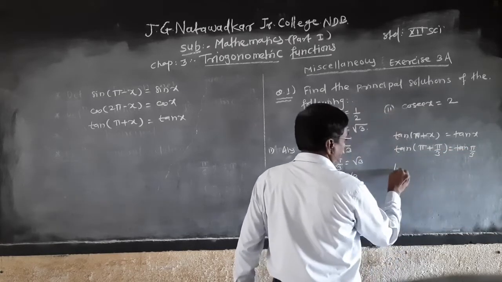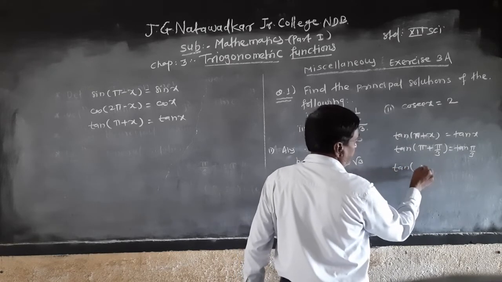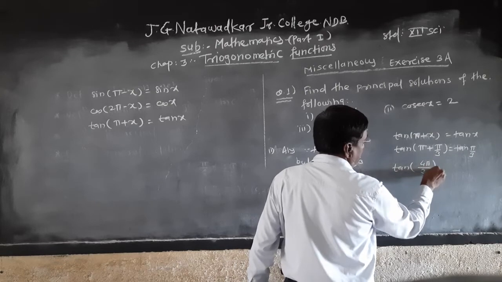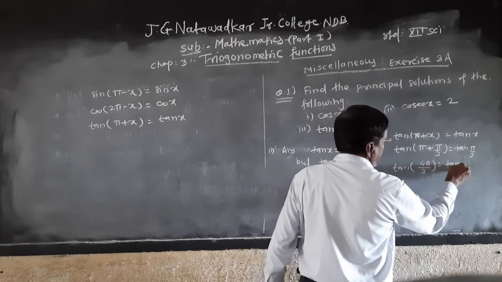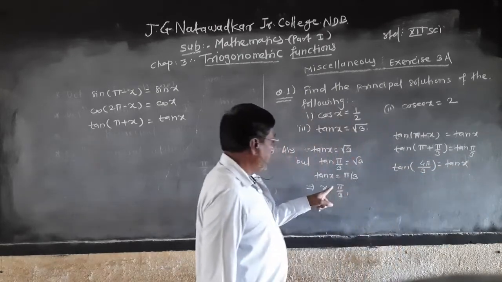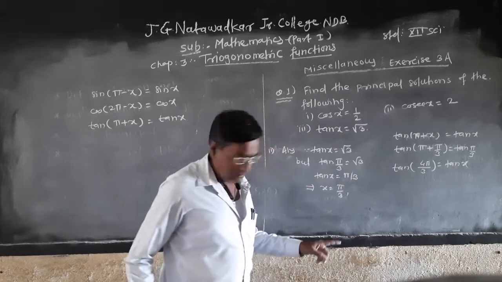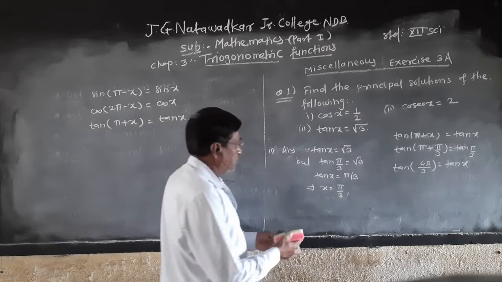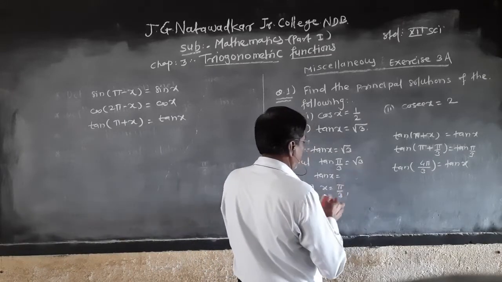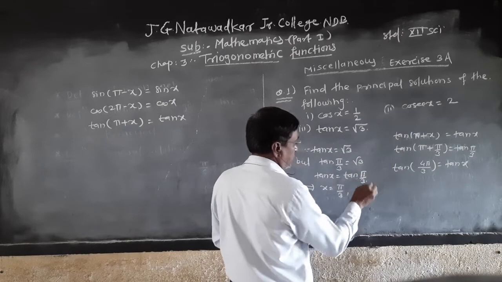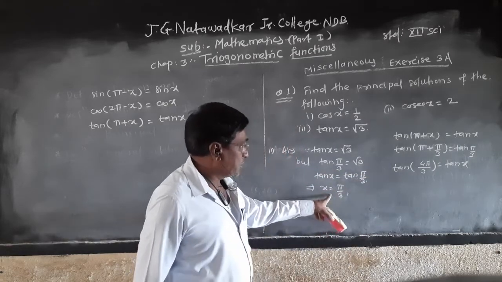Therefore for this term the denominator is 3, 3 pi plus pi, that is 4 pi, upon 3, is equal to tan pi by 3, and tan pi by 3 is equal to tan x, by comparing this.